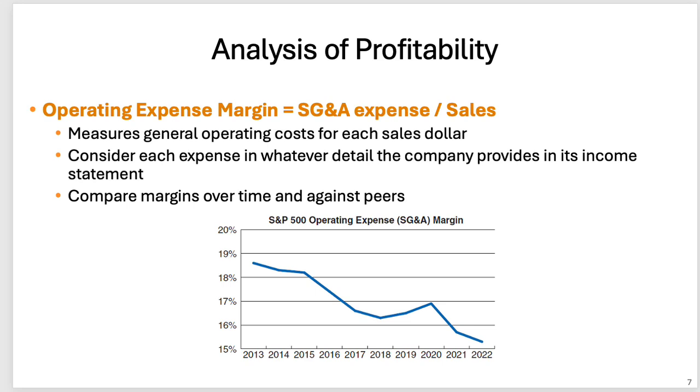SG&A, general operating costs, of course, those typically get spread across every sales dollar in figuring out and calculating the operating expense margin. You can see the calculation there at the top of the slide, SG&A divided by sales. What are you spending for every dollar of sales in other types of operating expenses besides the cost of the product or service itself?